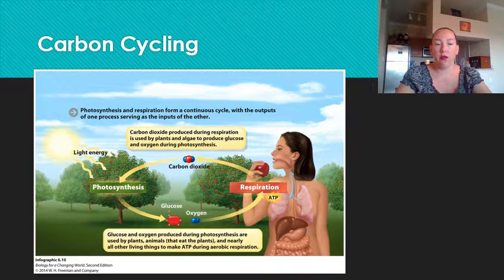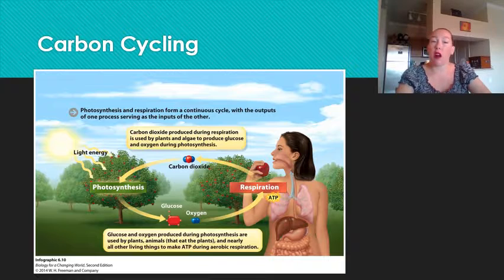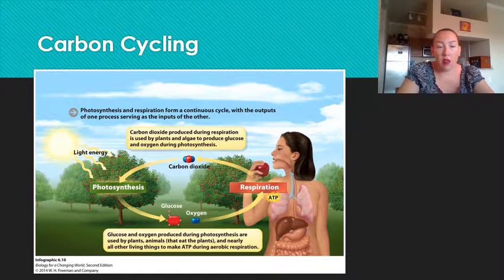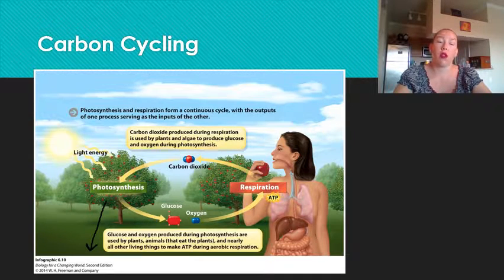I will probably never stop talking about the importance of carbon. So remember that carbon is cycled between the atmosphere and the biosphere through these two reactions, photosynthesis and respiration. And then, like we talked about in the last video in 4.1, during some processes that are actually geologically pretty rare, this carbon can get stored into the lithosphere. Remember, that's the rock. Can get stored and trapped as fossil fuels for hundreds of millions of years.